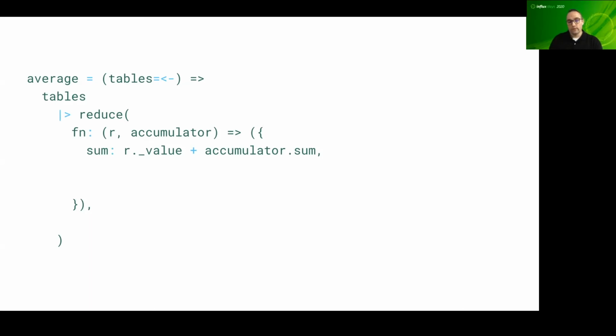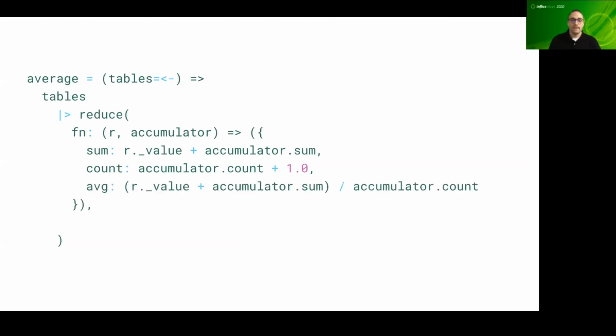Also, to calculate an average, you need a count. So in this case, I'm taking the accumulator.count and adding 1. So this increments through each iteration through a table. So each row will add 1 to the accumulator count. I then need to calculate the average. The average is my r._value plus the accumulator.sum divided by my accumulator count.